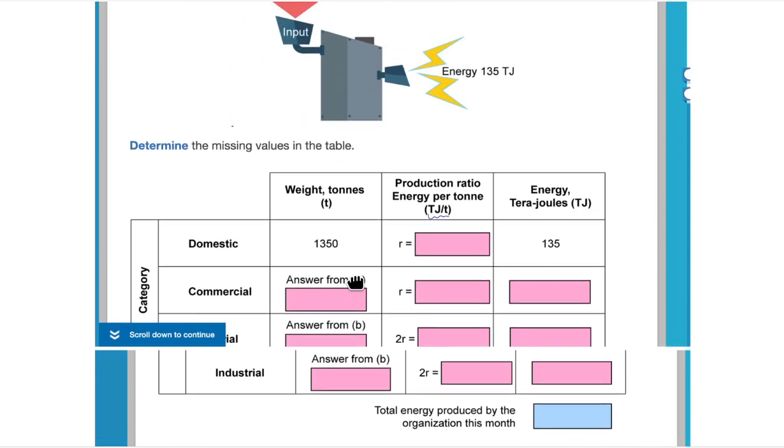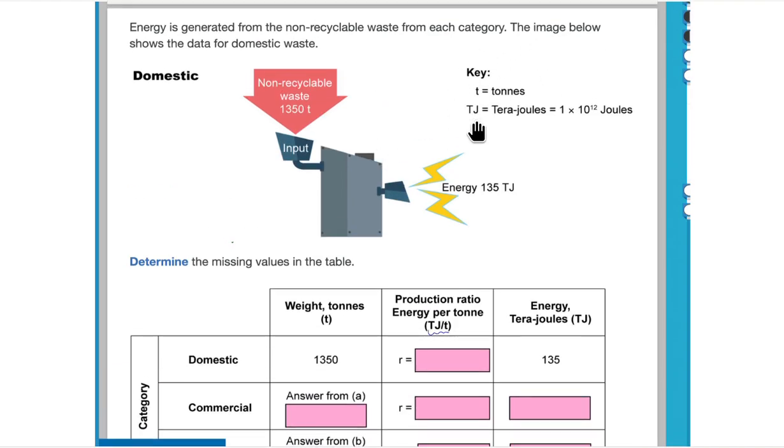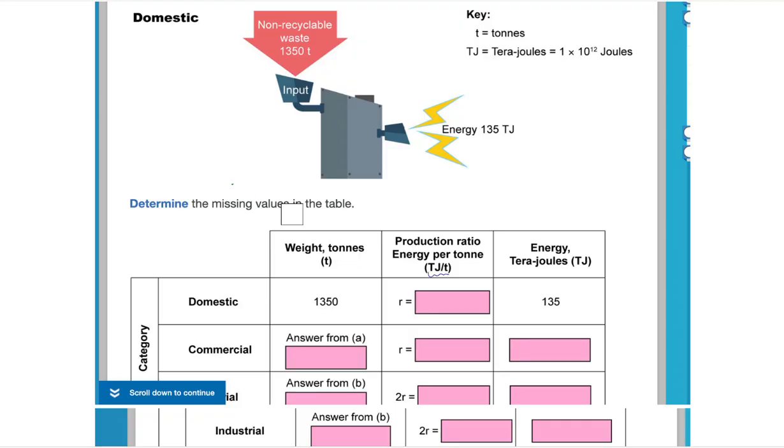Okay, TJ, terajoules. A key has been given where it says that T represents tons and TJ represents terajoules, which is 1.10 into 10 raised to the power of 12. These are basically prefixes. You might be studying this in physics later on.